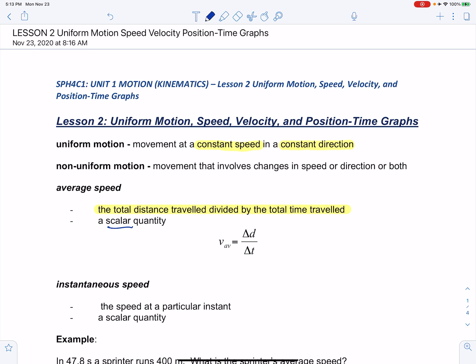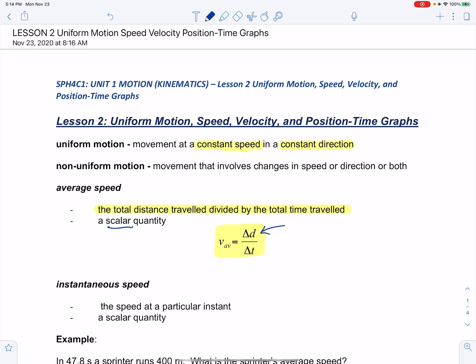The equation is: average speed is given the symbol lowercase v. This comes from the Latin term velocità, which means speed. So v is equal to delta d over delta t.